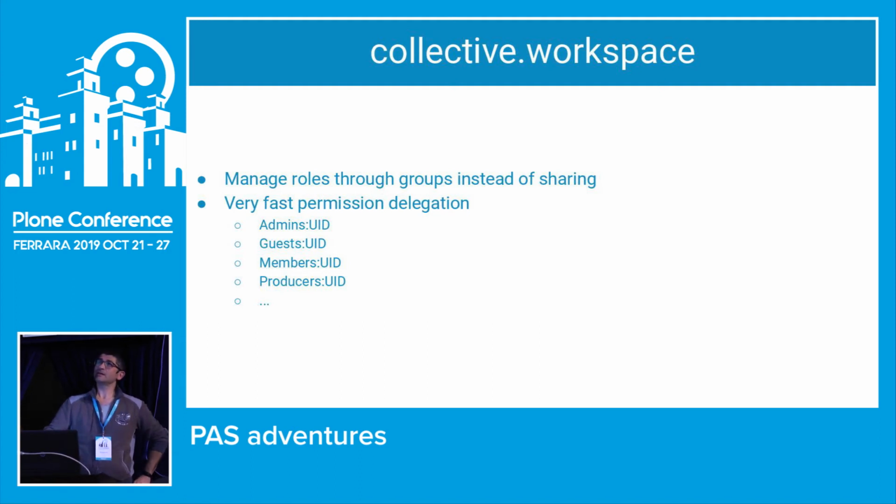It enables very fast permission delegation because it automatically creates some special groups. Those special groups have an ID like admins, colon, the UID of the object, guests, colon, the UID of the object, and basically whatever you like, because you can implement your own groups.